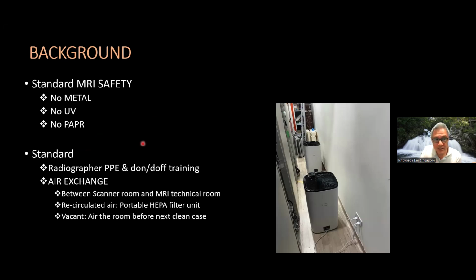The background is that MRI safety is important to protect not just the MRI staff, but also the other patients in the hospital, who will be using the MR scanner before and after infected individuals.